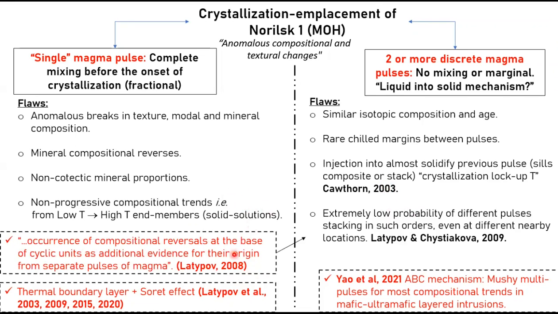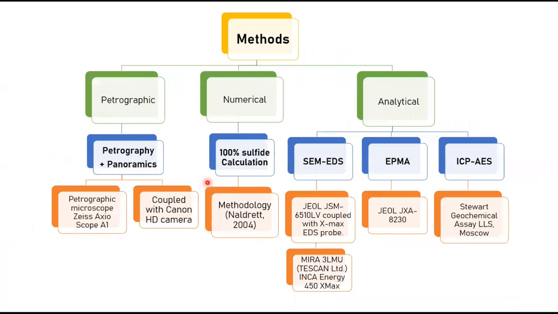Additionally, Latypov in 2008 added that the compositional reversals in cyclic units can be accounted for as evidence for the origin from separate pulses of magma. So these are the methods I use, divided into petrographic, numerical, analytical.